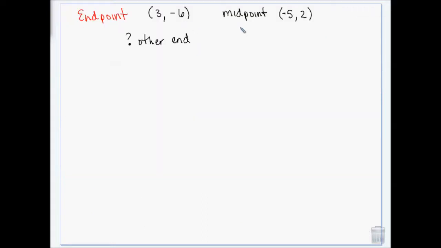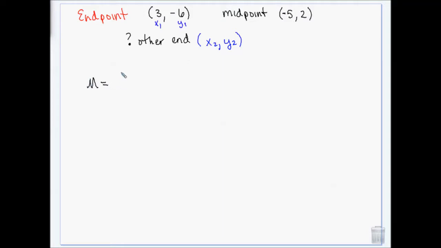So if you're given an end and you're given the middle, oops, the ends are always x1, y1, and x2, y2. So I can call this x2, y2, because I don't know what it is. And this is my middle.